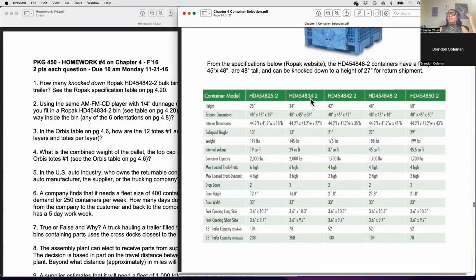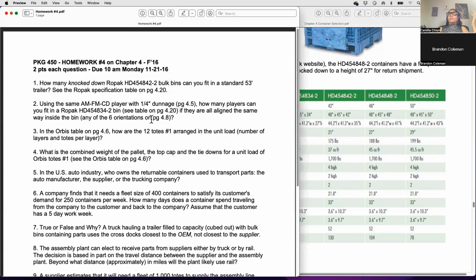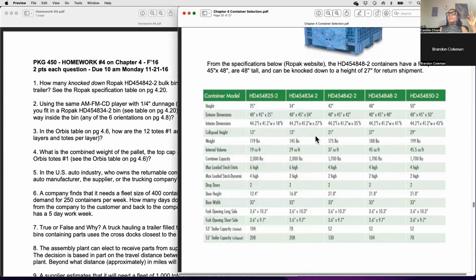So now you're going to go through that same exact exercise that we went through earlier to see how many of the radios would fit in here. And you're using that same dunnage, that same thickness that we used before. So basically you're using all the same things, but instead of those bins that we used in the exercises, you're using this bin.